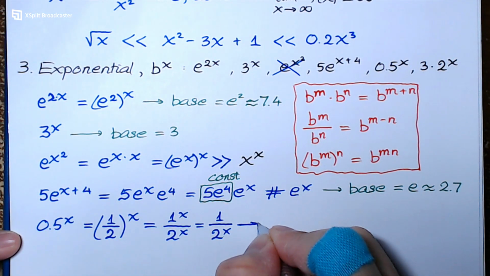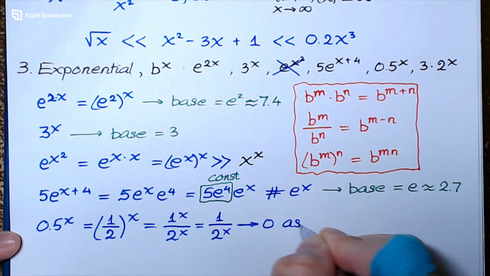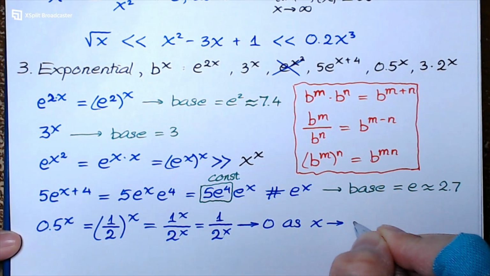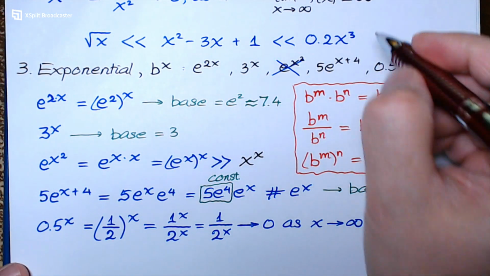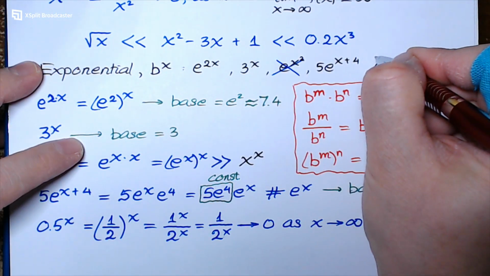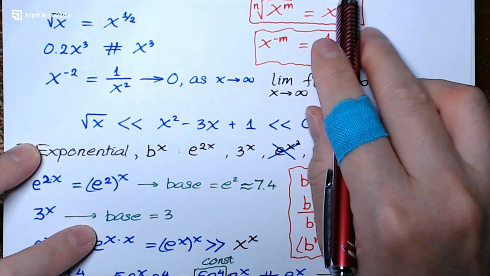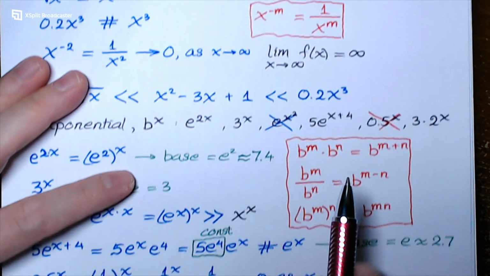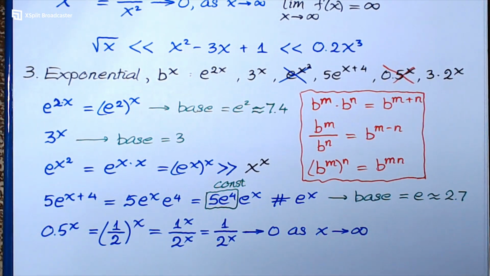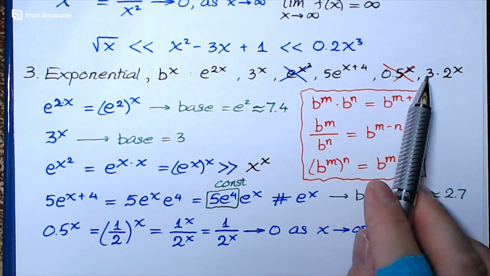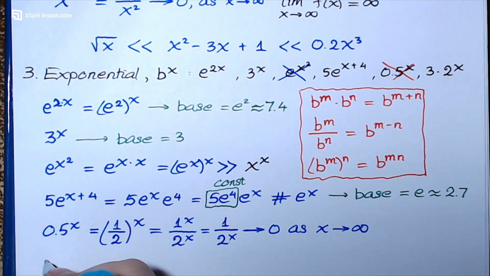So this goes to 0 as x goes to infinity. Because it goes to 0, it does not have a growth rate. So again, we're going to take this out of the list, just like x to the negative 2 does not have a growth rate. 0.5 to the x does not have a growth rate because it does not go to infinity. Okay. And then we have 3 times 2 to the x.